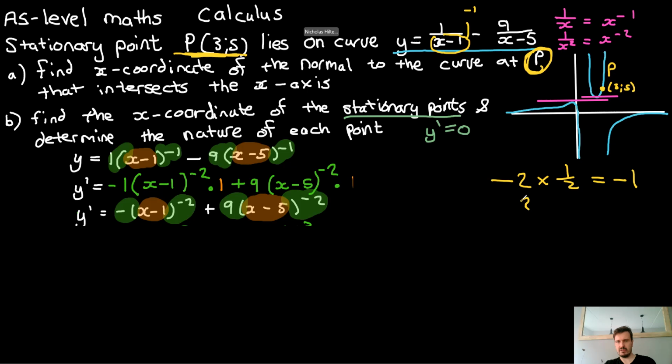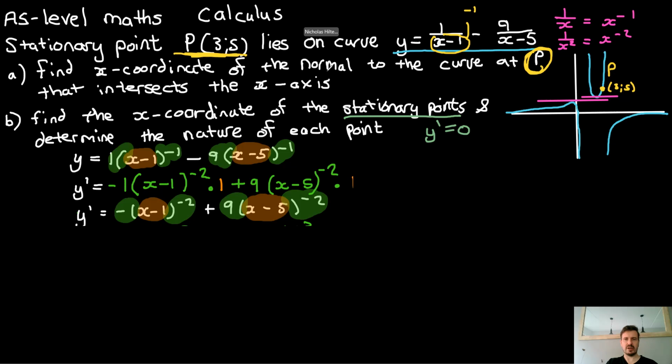If it was 3/4, the perpendicular line would be -4/3, right? So these perpendicular lines have reciprocal gradients. You swap the denominator and the numerator, and you change the sign.